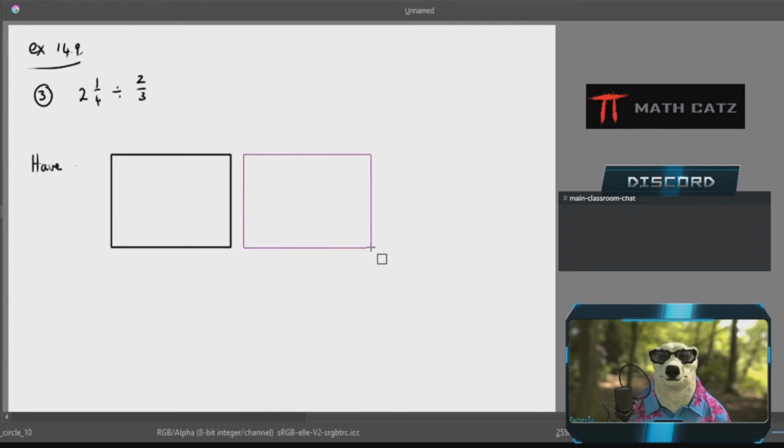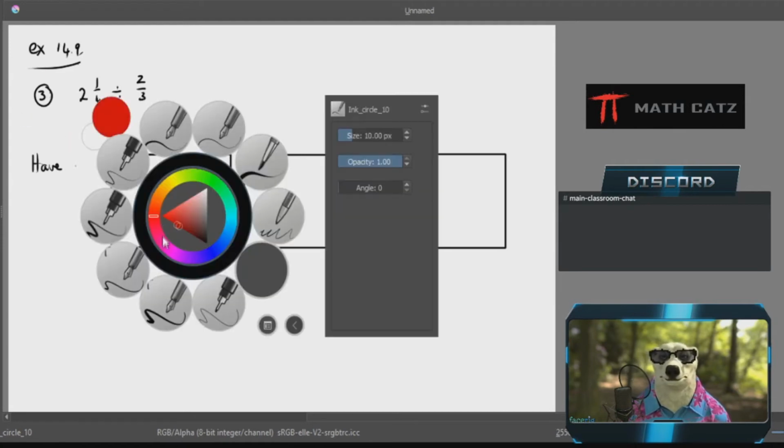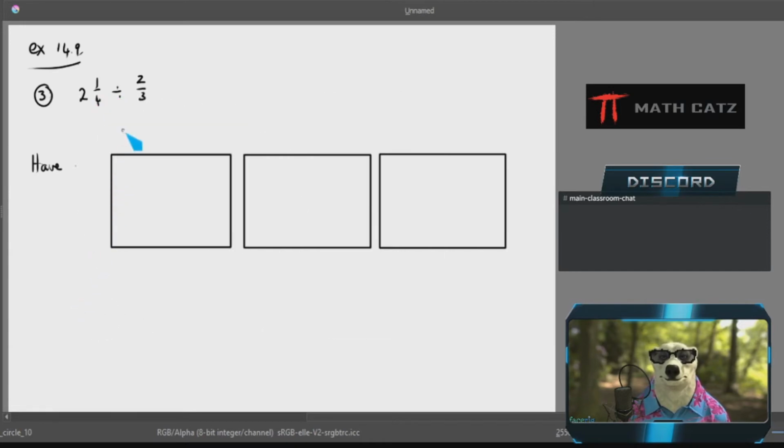Don't want to make them too small, don't want to make them too big, but enough so you will have space to draw and fit stuff in. That's a nice pink.